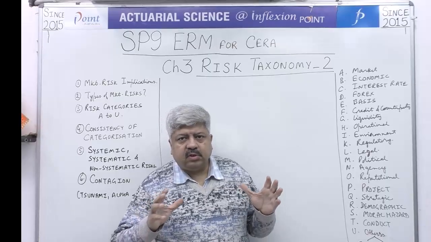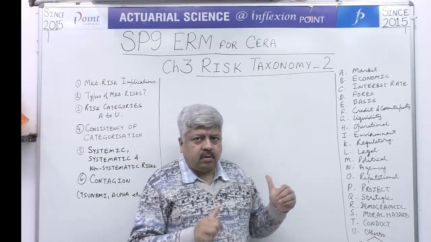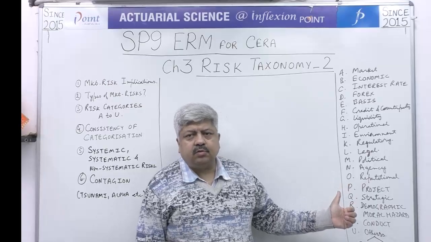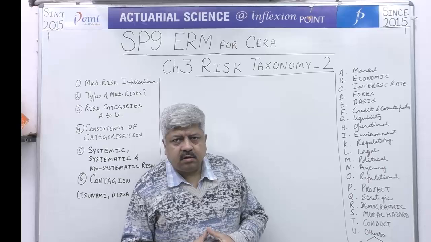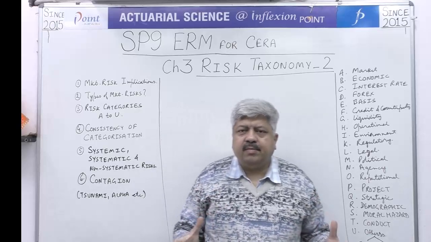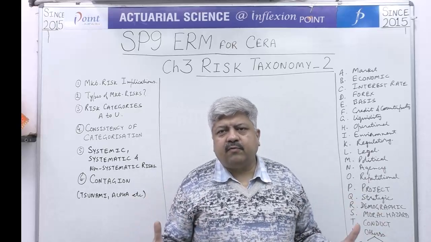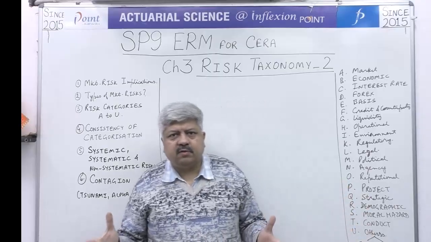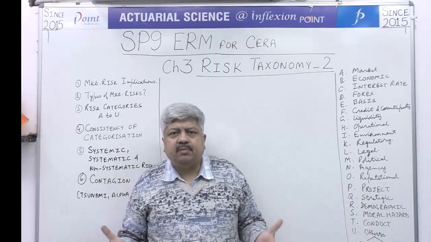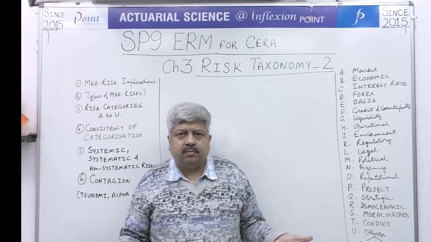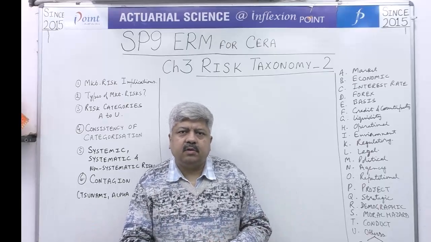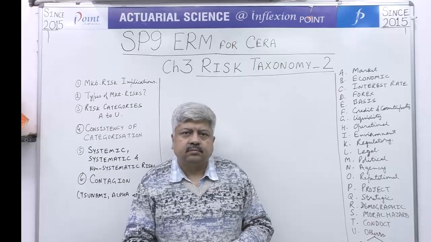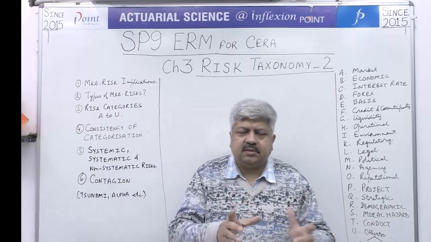The way to consign this list to memory is to appreciate what elements of the external environment we must survey, we must keep in mind while doing the actuarial job. So if you focus on the external environment, this list will be easier to remember.